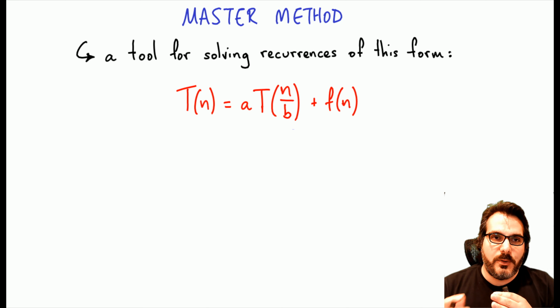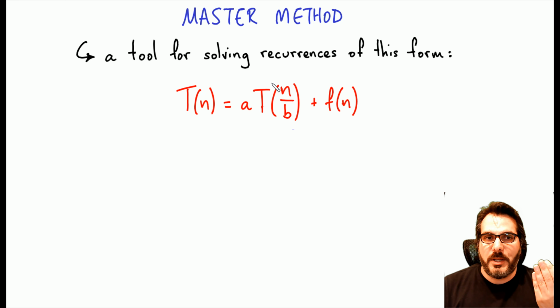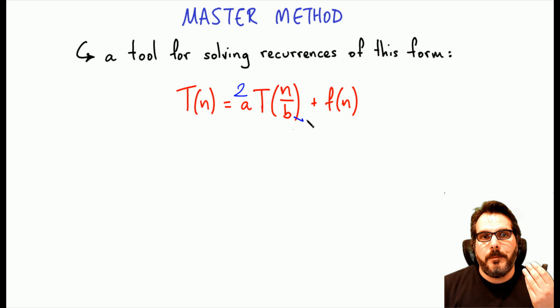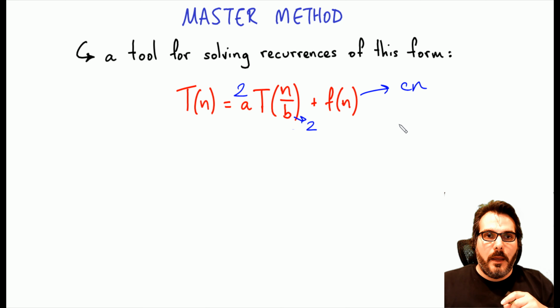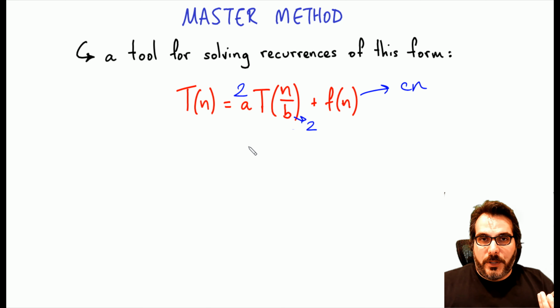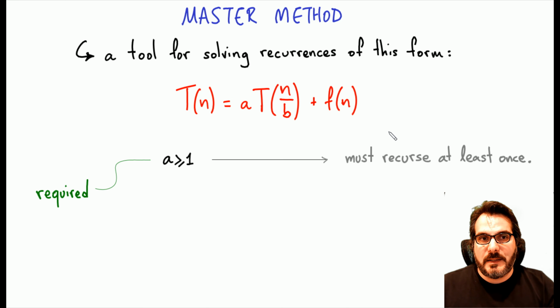As you see, this equation has the same form as the recursive algorithms we saw in merge sort. For example, a was 2, b was 2, and f(n) was some constant times n. So it's familiar, and there are some rules. The first rule is that a needs to be greater than 1.